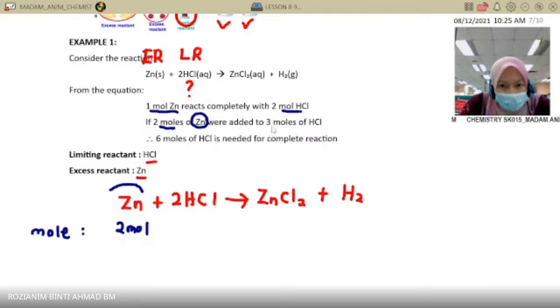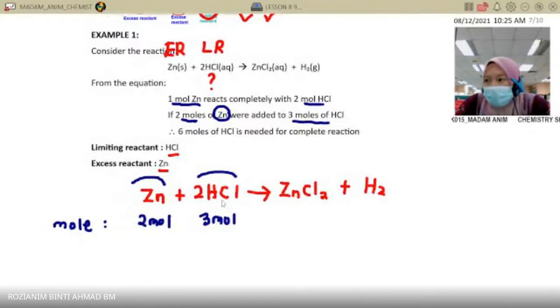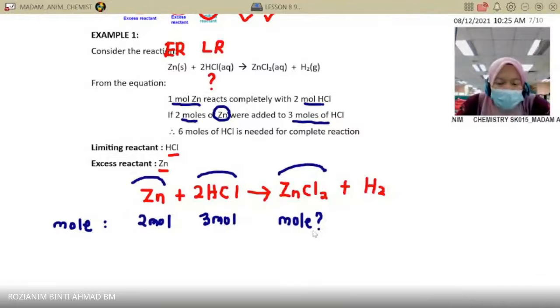Okay. And at the same time, hydrochloric acid juga ada 3 mol. Okay. So sekarang ini, which one the compound should be reference untuk kita dapatkan mol untuk ini? Mol zinc chloride compound berapa?